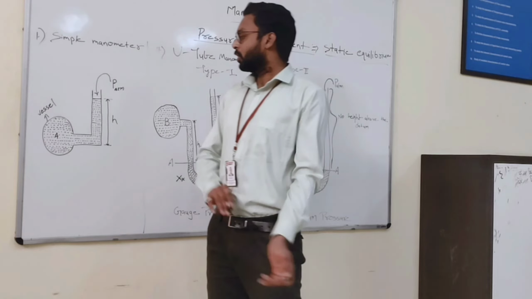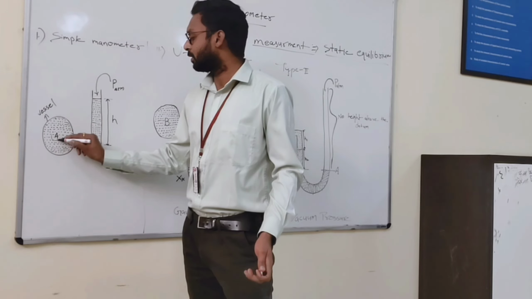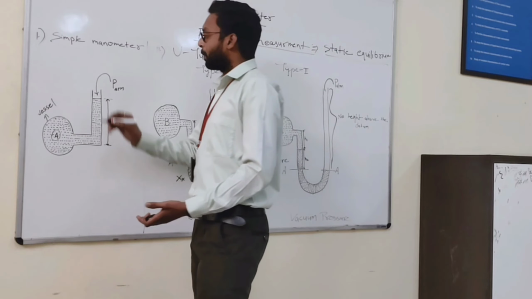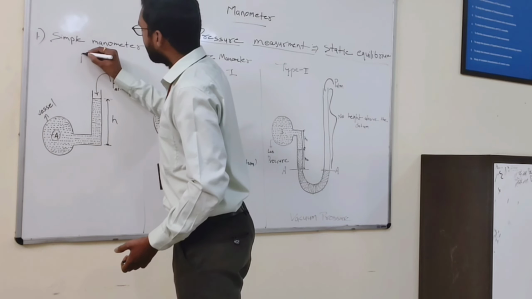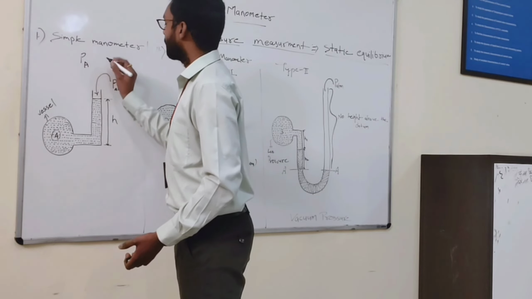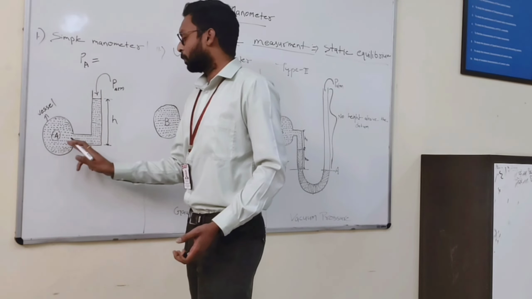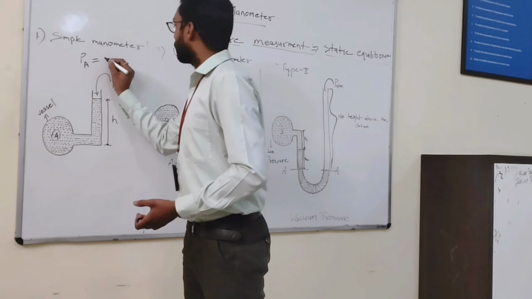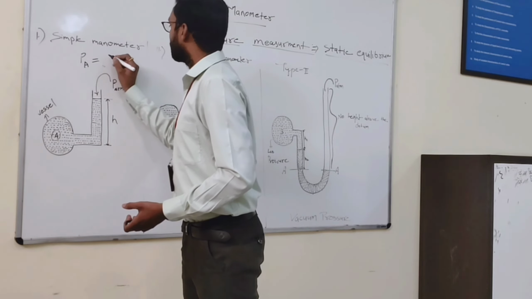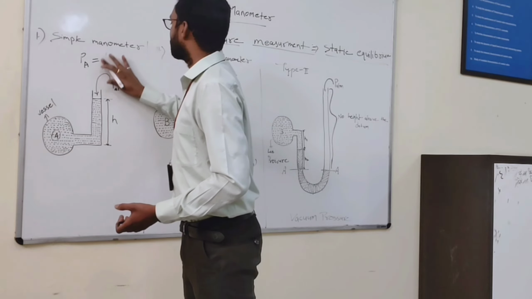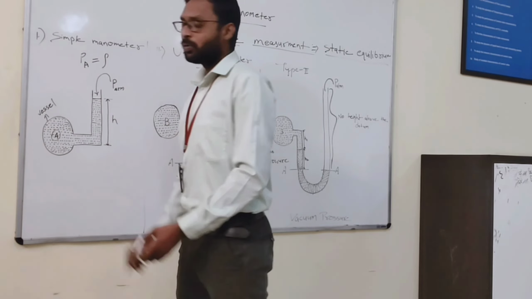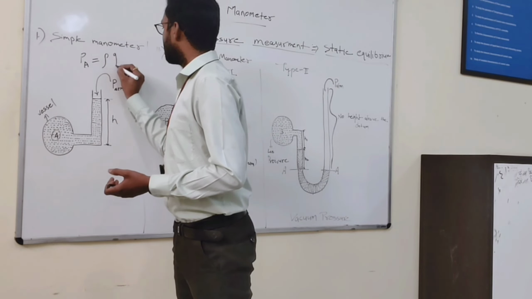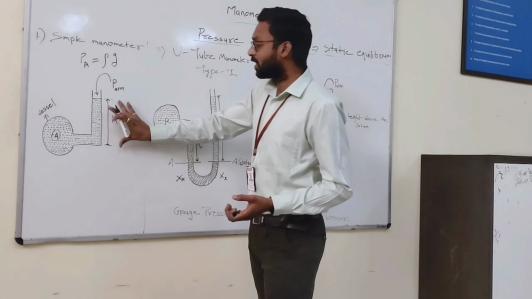If you want to find out the pressure of liquid A, how can we find it out? Pressure P_A equals the density of the liquid, rho, times the gravitational acceleration g, times the height of the liquid.